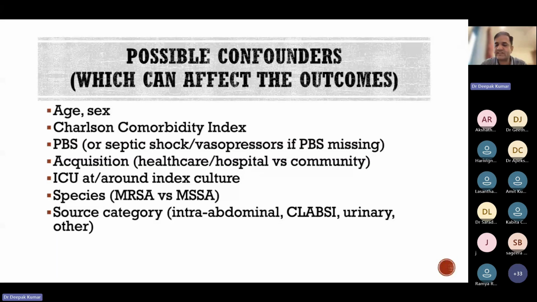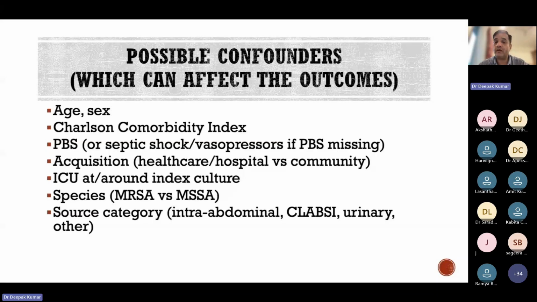Infectious disease consultation is not the only thing which is going to impact the outcome. There are n number of factors that can affect the mortality, like age, gender, comorbidities, Pitt's bacteremia score, hospital acquired versus community acquired infection, ICU versus ward, MRSA versus MSSA, and primary versus secondary source.